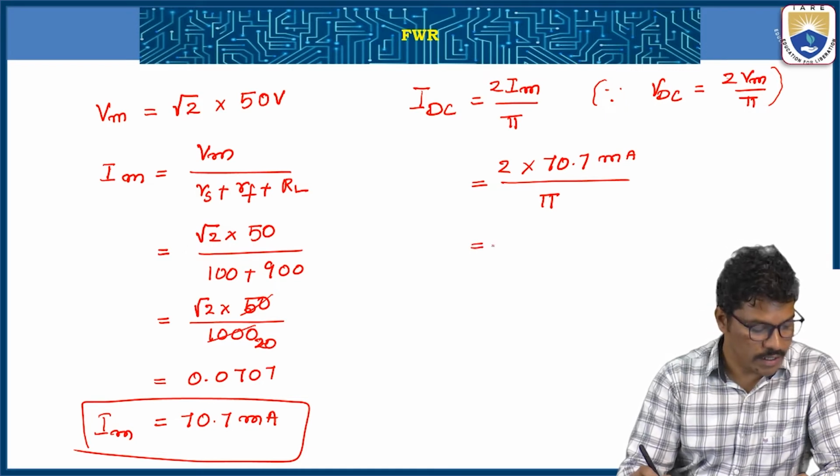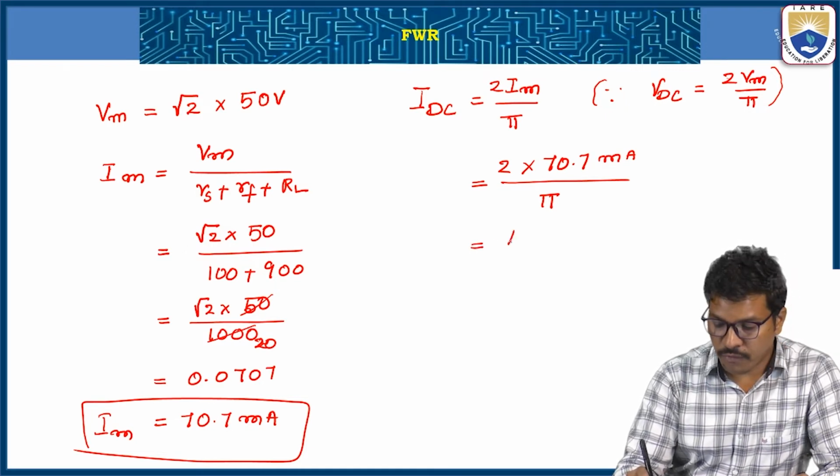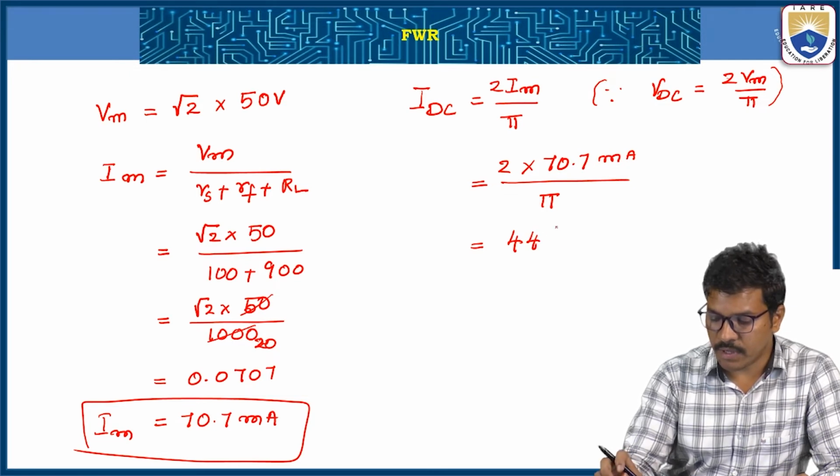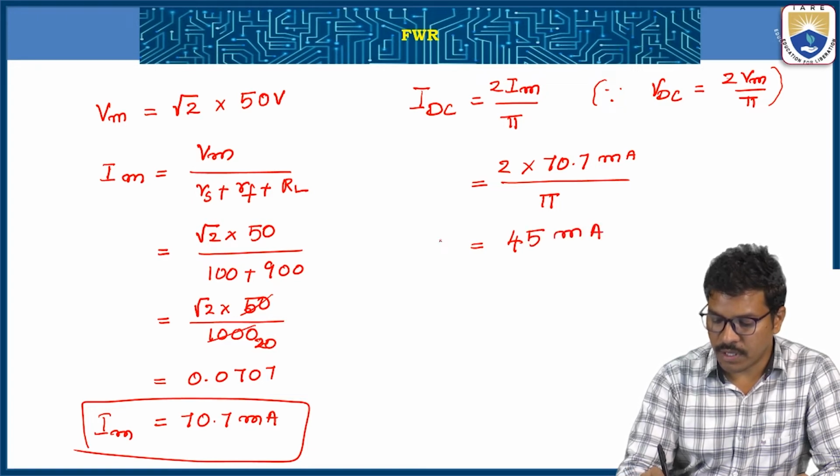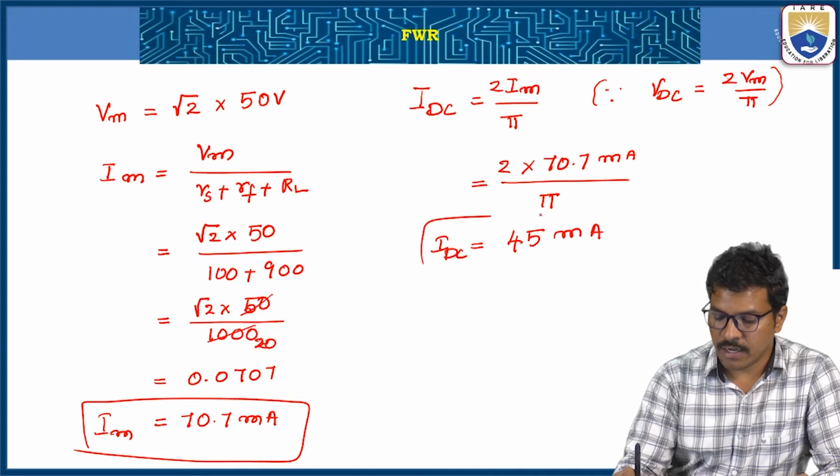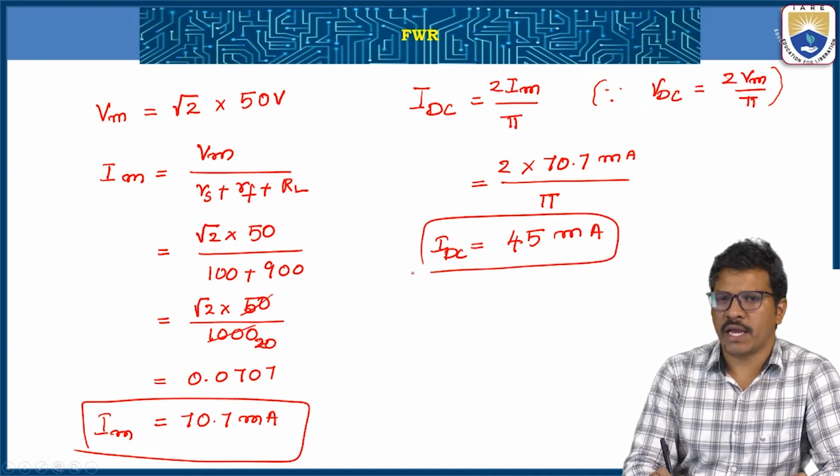You will get 45 or 44 milliampere, approximately 45 milliampere. The DC current across the load is 45 milliampere.